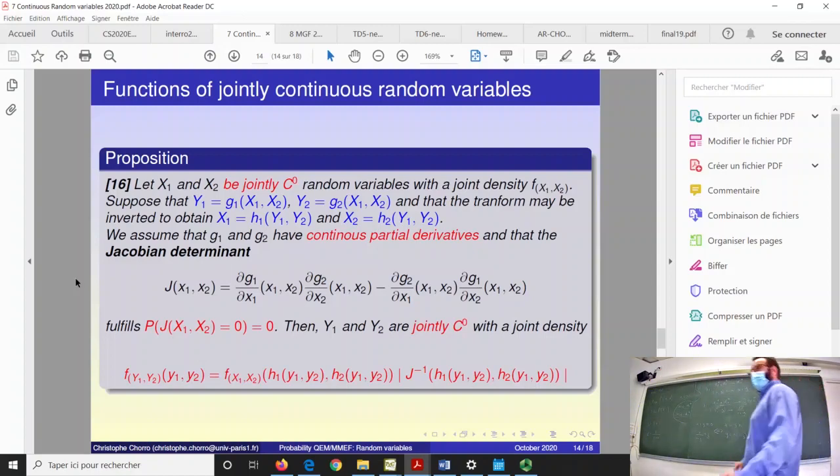Okay, so what are my h1 and h2? So h1 and h2 are this way, that associate to s and z: the first one associates s times z, the second one associates s times 1 minus z.